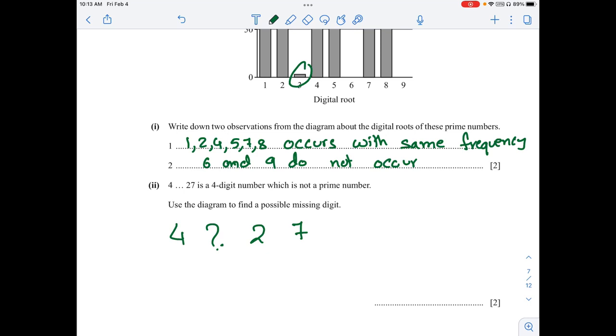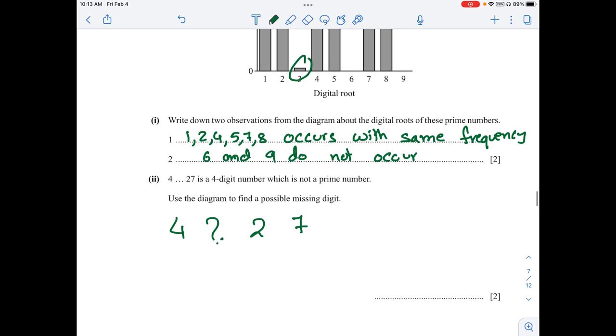If I take 4 plus the question mark plus 2 plus 7, 4 plus 2 is 6, 6 plus 7 is 13, 13 plus the question mark. It should not be a prime number.